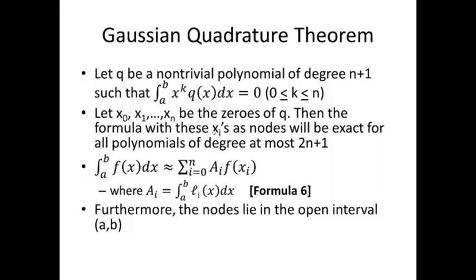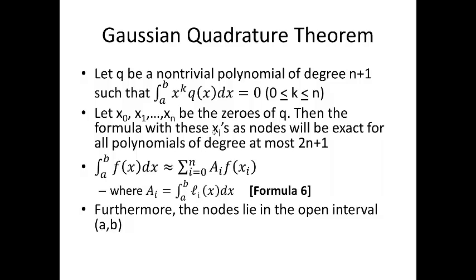This theorem says, let q be a non-trivial polynomial of degree n plus 1, such that the integral from a to b of x raised to the k times q of x dx is equal to 0, and x1, x2, all the way out to xn are the zeros of q. Then the formula with these x sub i's as nodes will be exact for all polynomials of degree at most 2n plus 1.